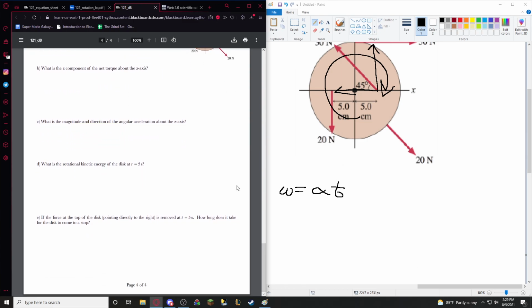And then if the top force, the 30 Newton force, was removed at that time, how long would it take the disk to come to rest? How would we do this? We could find our net torque without the 30 newtons. Mm-hmm.